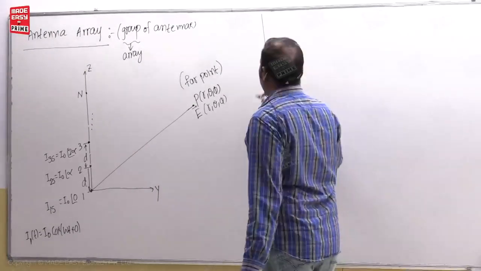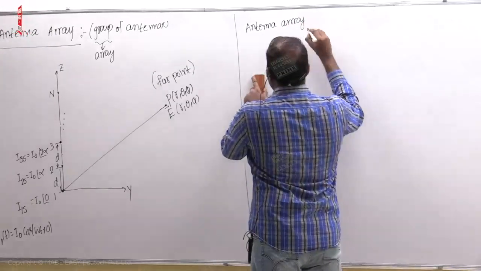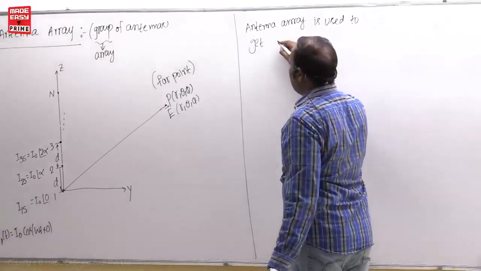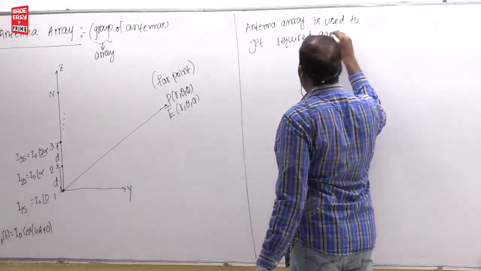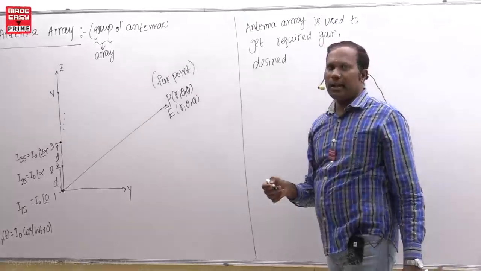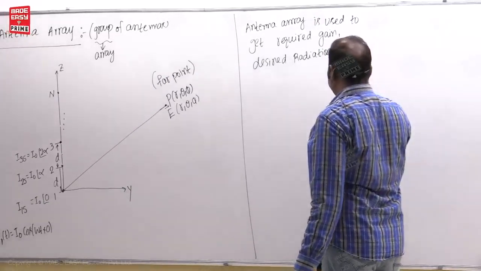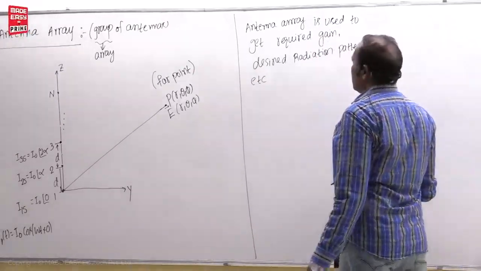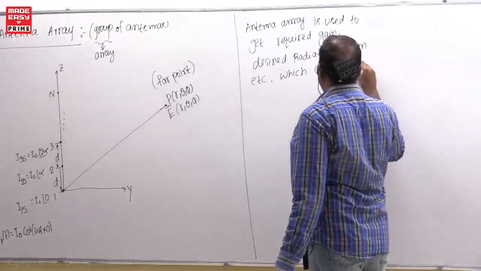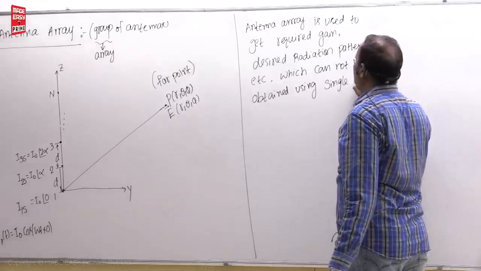First, let me write that antenna array is used to get required gain, desired radiation pattern, etc., which cannot be obtained using a single antenna.